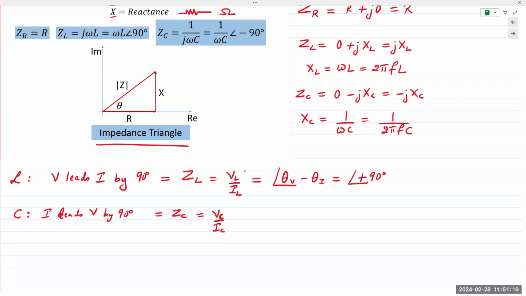So the phase angle for an inductor is always pointing up. It's plus 90. On the real and imaginary axes, it's a vector that rotates counterclockwise, starting from 0, plus 90, plus 180, plus 270, and back to 360.